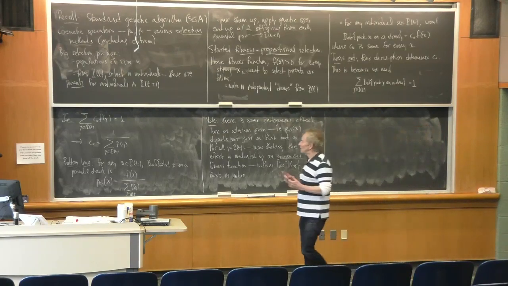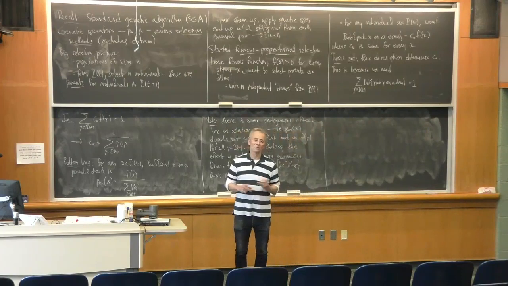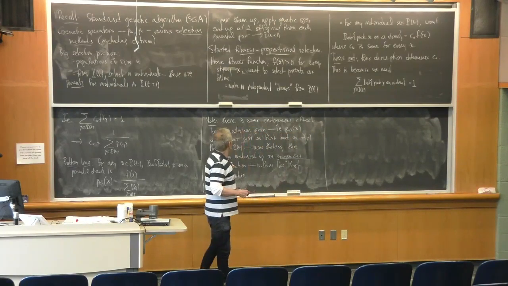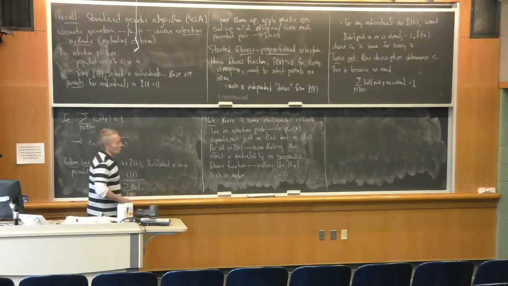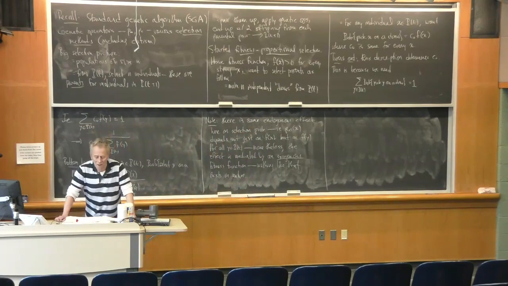You have P of t, and you pick your n parents for P of t plus 1. On any given draw, you know the probability of picking any x. So let's consider the following question.